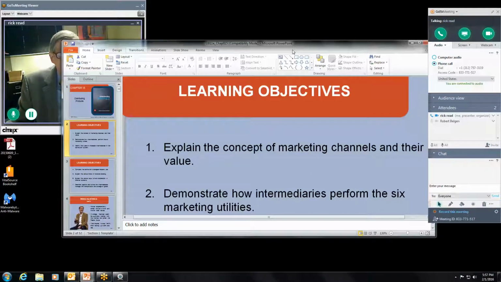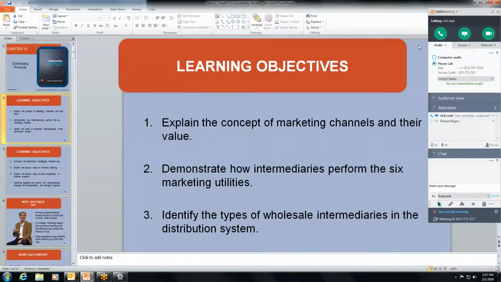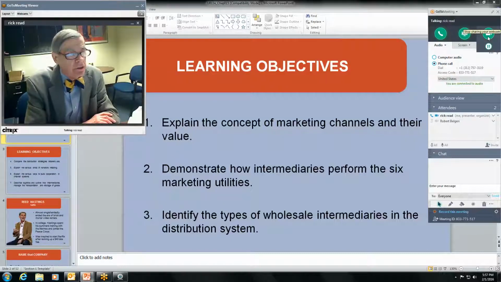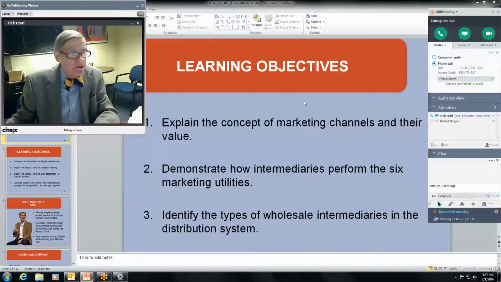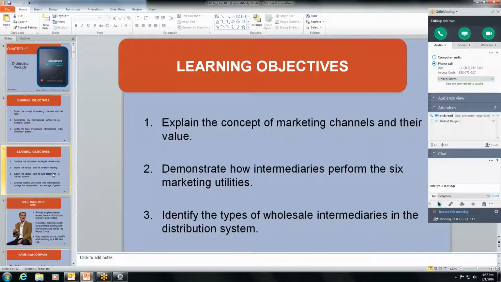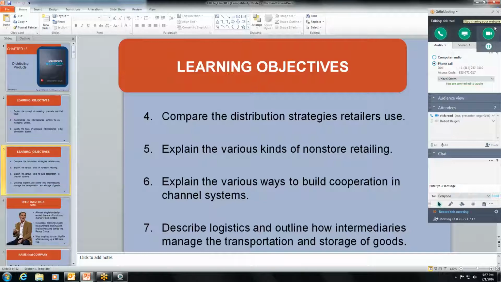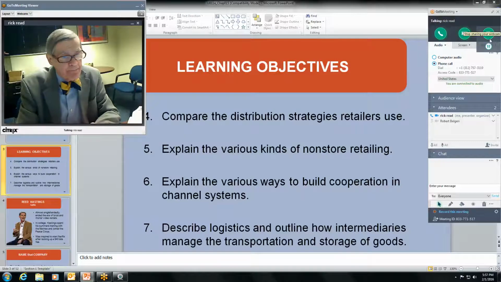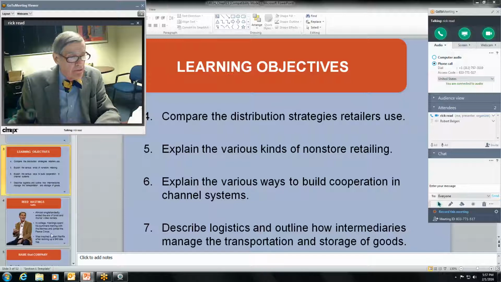And our learning objectives for this chapter: explain the concept of marketing channels and their value, demonstrate how intermediaries perform the 6 marketing utilities, identify the types of wholesale intermediaries in the distribution system, compare the distribution strategies that retailers use, explain the various kinds of non-store retailing, explain the various ways to build cooperation and channel systems, and finally describe logistics and outline how intermediaries manage the transportation and storage of goods.